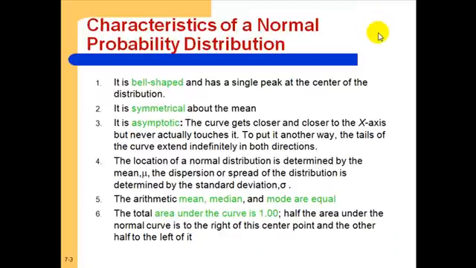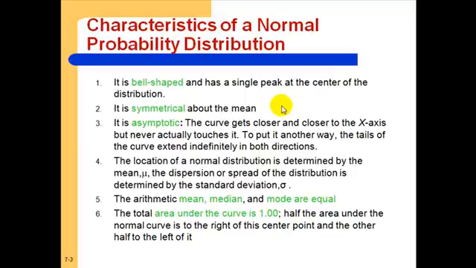There are several continuous probability distributions. In this chapter, we mainly focus on the normal probability distribution. What is the normal probability distribution? First, it is bell-shaped and has a single peak at the center of the distribution. It is symmetrical about the mean.